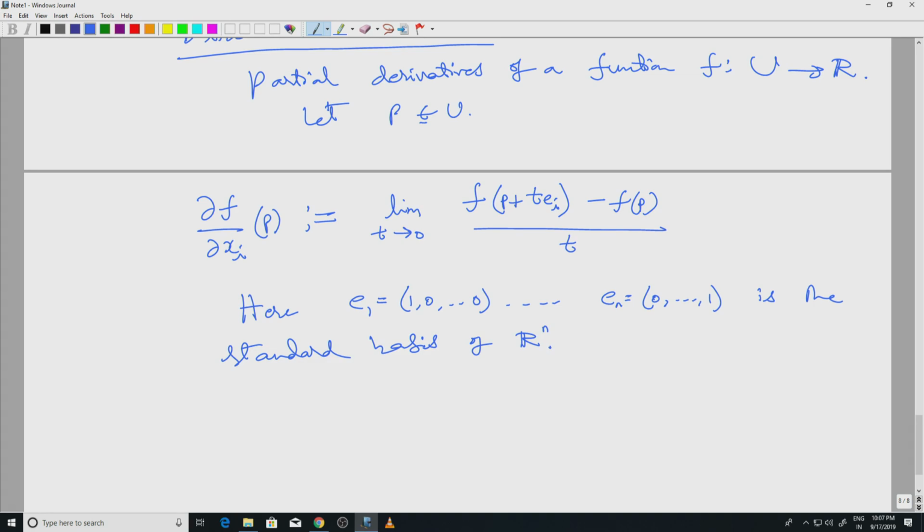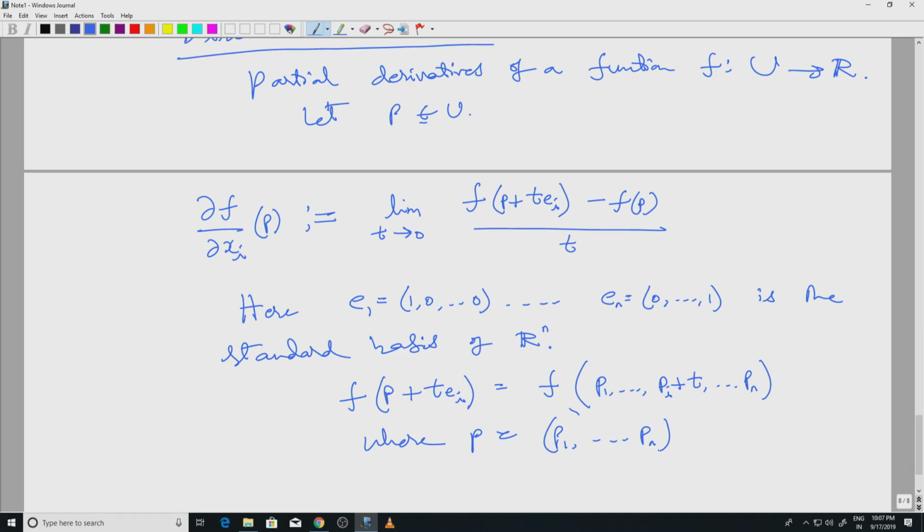And what I have written here, f of p plus t ei, is the same thing as f of (p1, ..., pi plus t, ..., pn), where p is (p1, ..., pn).